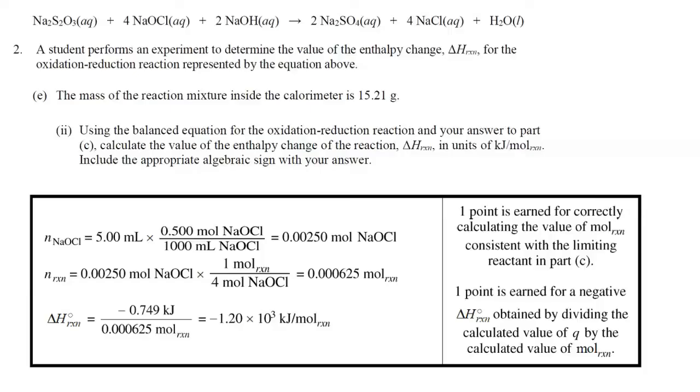So that is the 0.000625 mole of reaction, which came from the sodium hypochlorite, the NaOCl, the limiting reactant calculation from part C. And then 1 point is earned for a negative delta H of reaction that was obtained by dividing the calculated value of Q in part E-I by the calculated value of mole of reaction from earlier. So we have negative 1.20 times 10 to the third kilojoules per mole of reaction.